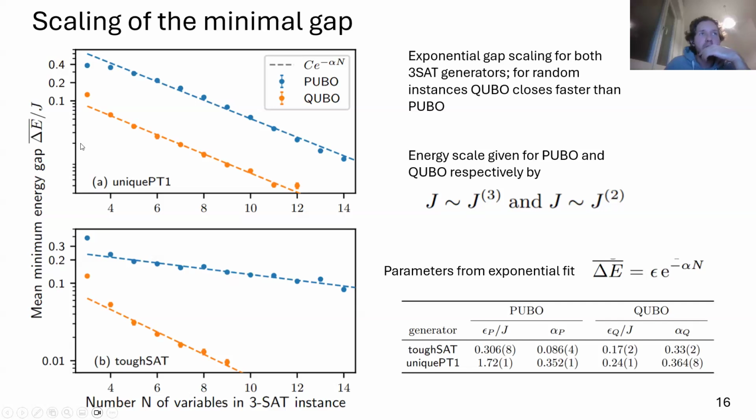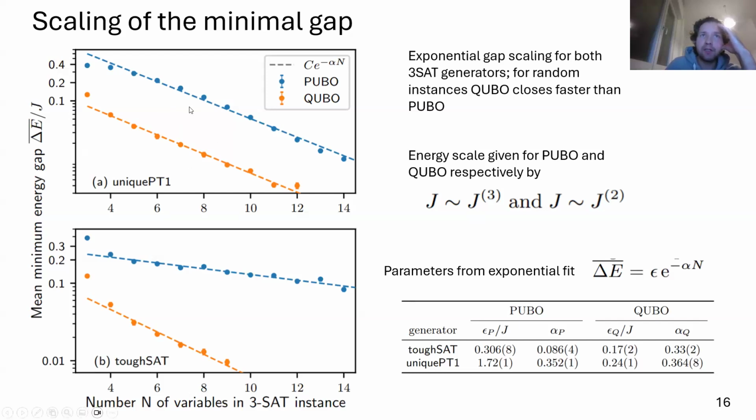With a log plot, we have a clear exponential scaling with the system size. And we see here the blue curve is the PUBO formulation, and the orange curve is the equivalent QUBO formulation. And okay, what we see for this top one with the unique PT1, which are these benchmark generators generating specifically constructed instances with a unique solution.